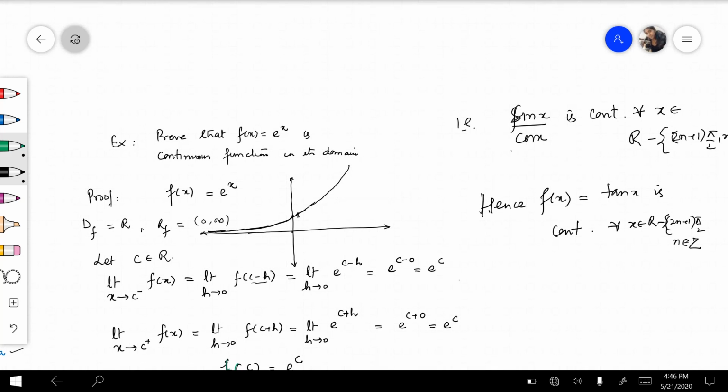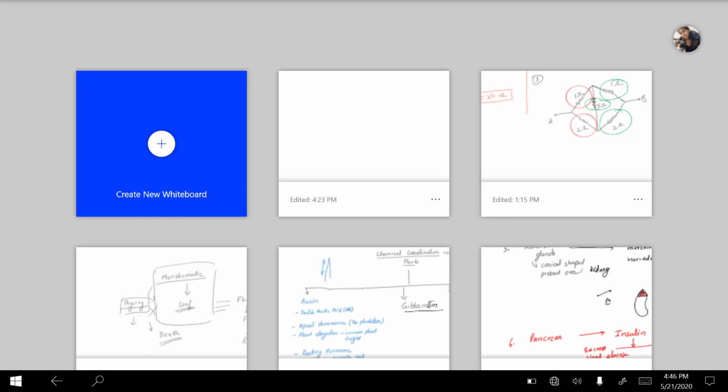So that means this function will be continuous if x belongs to all real numbers except 2n plus 1 into pi by 2, where n is an integer. But sin x upon cos x is tan of x, so this will be continuous for every x belongs to R minus 2n plus 1 into pi by 2, where n is an integer. So from this discussion, we are going to conclude certain things.